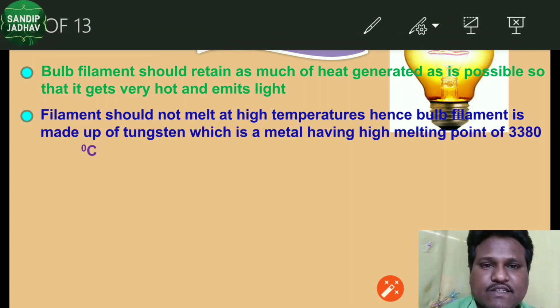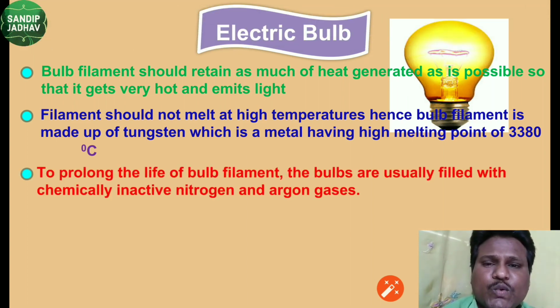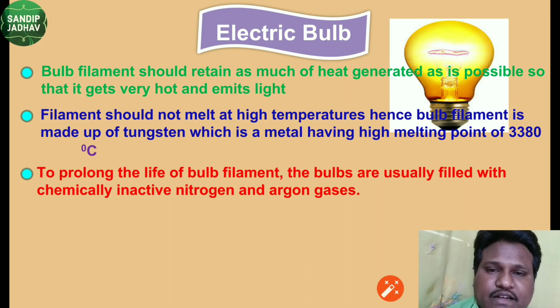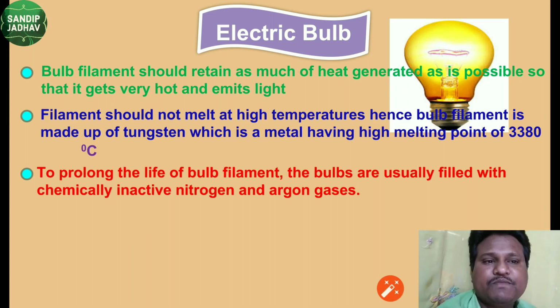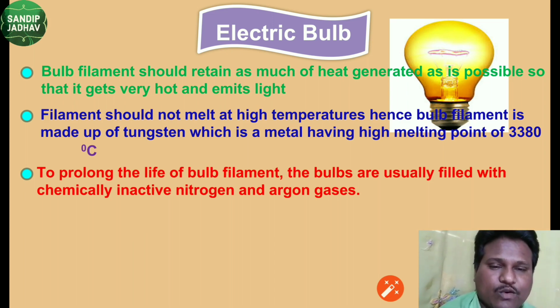3380 degrees Celsius. The next question, which is asked many times, is why there are inert, or chemically inactive, gases inside the bulb. The presence of these inert gases is to increase the life of the bulb filament. So to prolong the life of the filament, bulbs are usually filled with chemically inactive nitrogen and argon gases.